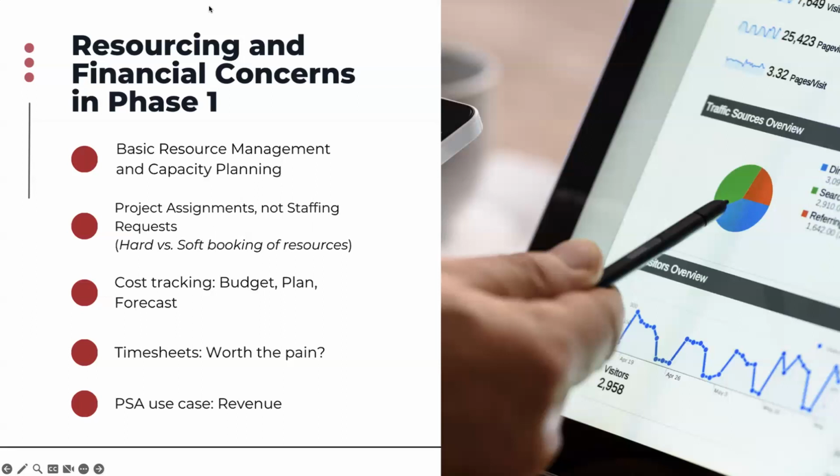And of course, finally, you'll be able to regularly update your project forecasts based on actual performance. And that's very important too, enabling you to make data-driven decisions, adapt to unforeseen challenges, and maintain control over your project's financial health. Now, let's talk about timesheets and if it's worth the pain.